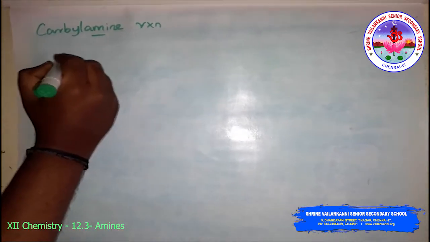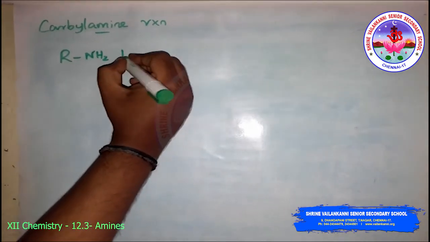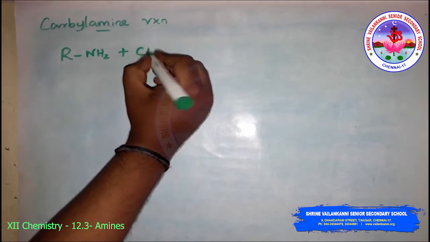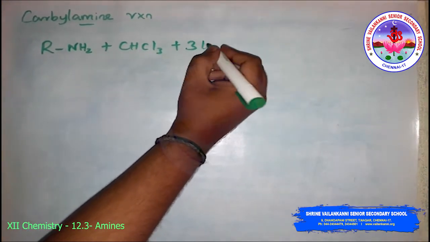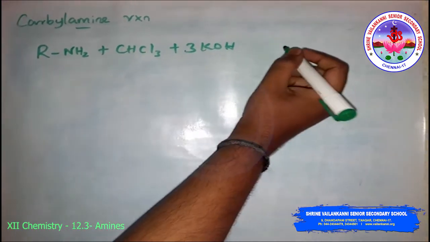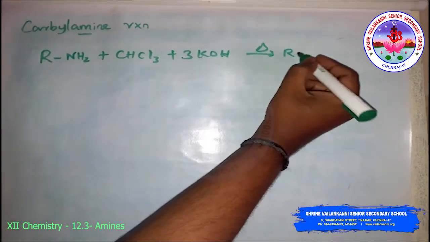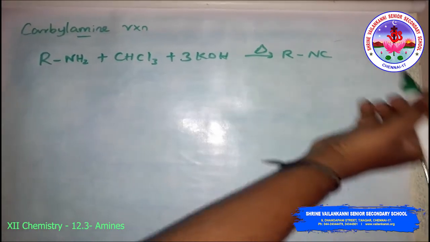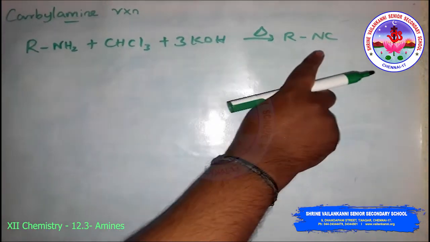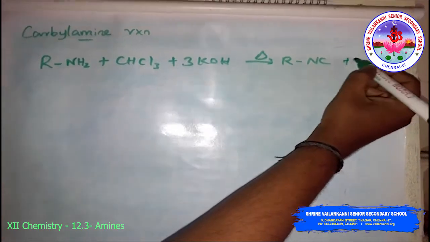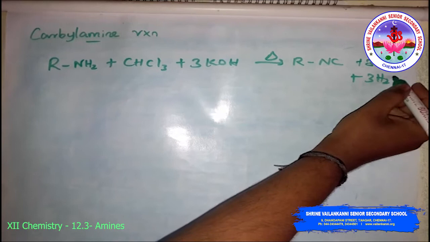The reaction is RNH2, then CHCl3, that is chloroform, and 3 moles of alcoholic KOH, on heating will give a foul smelling isocyanide compound, and 3KCl plus 3H2O.